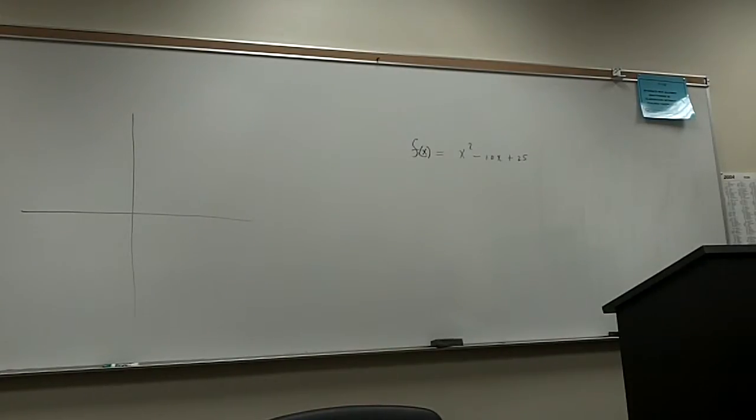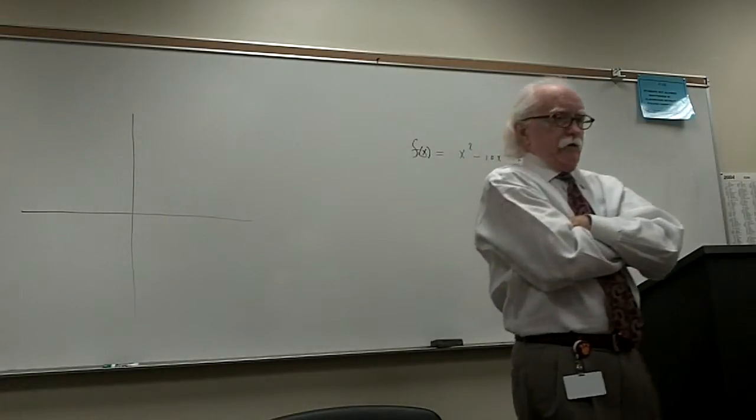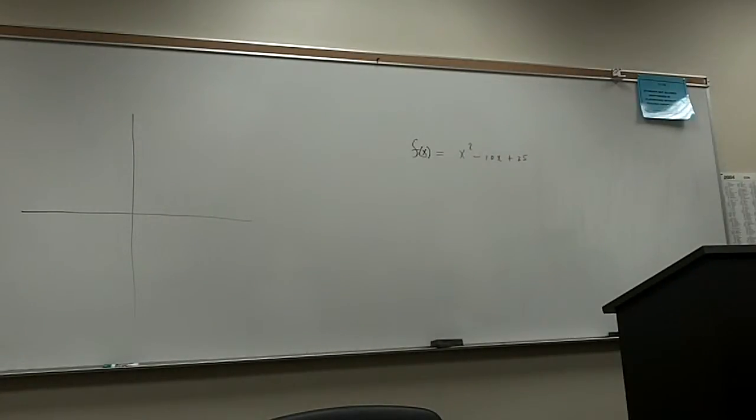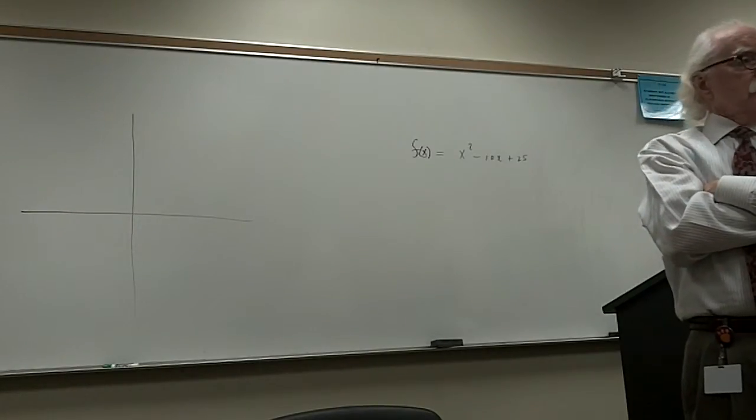Why can you quickly say that? Well, a couple of reasons. It is not a rational function. It's not in fractional form. There's not a denominator that could possibly be zero. And it's also not under the radical.